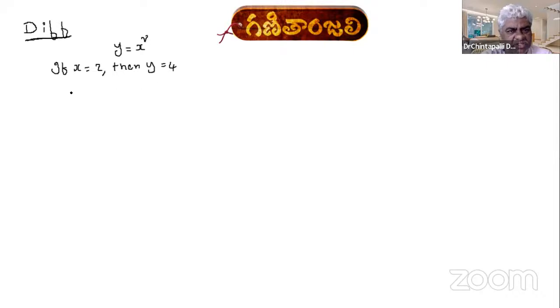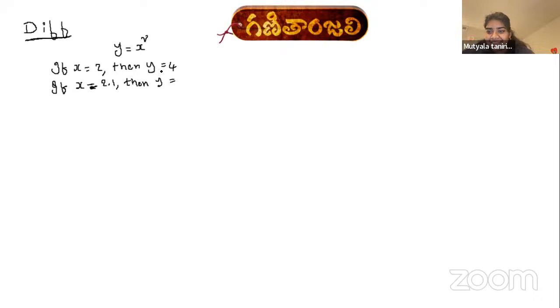If there is a small change in x, that is, if x is equal to 2.1, then what is y?